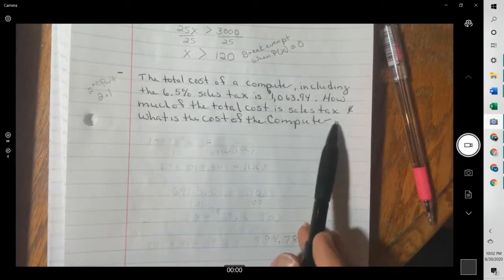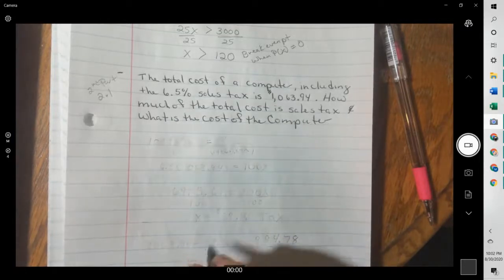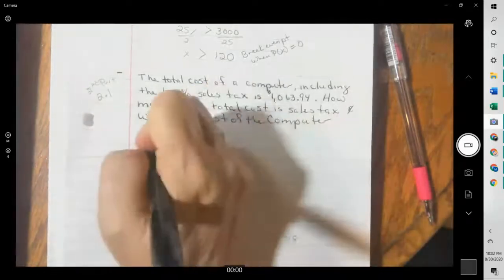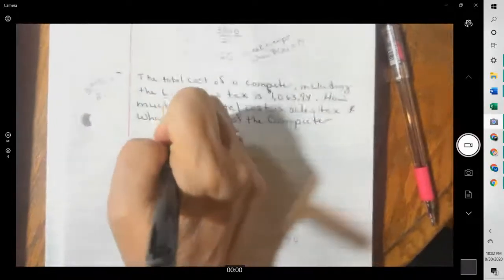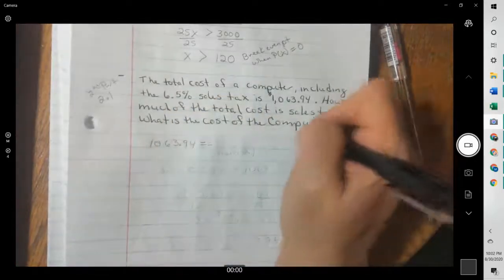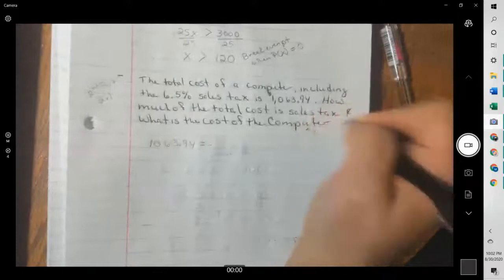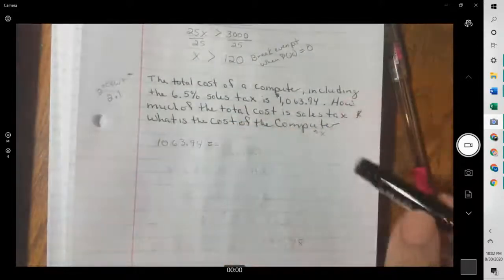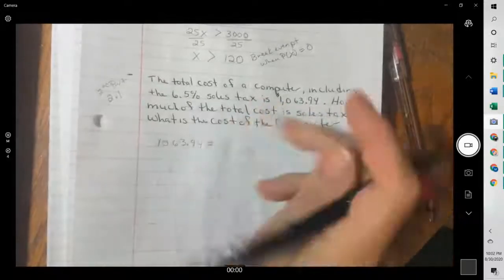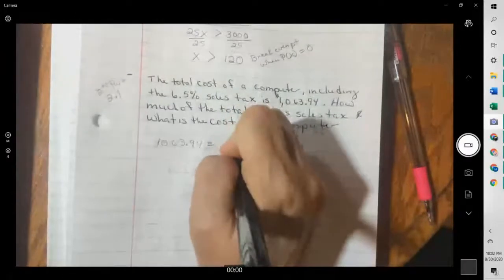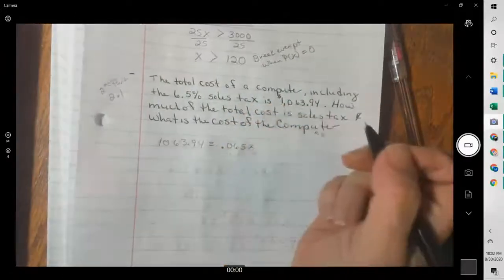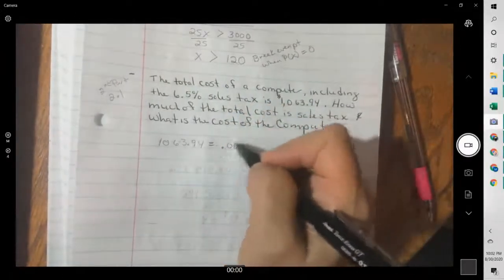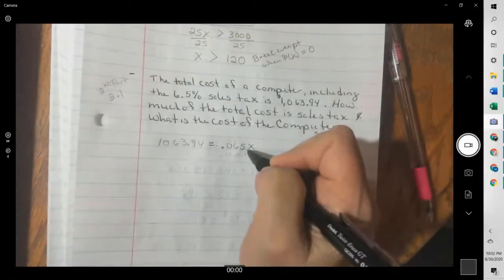So to find the tax, if we take our total price, now, if X is the cost of the computer, if we take the 0.065 times the cost of the computer, this would tell us the tax.